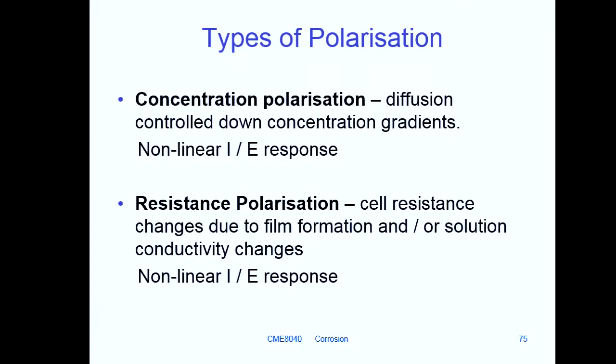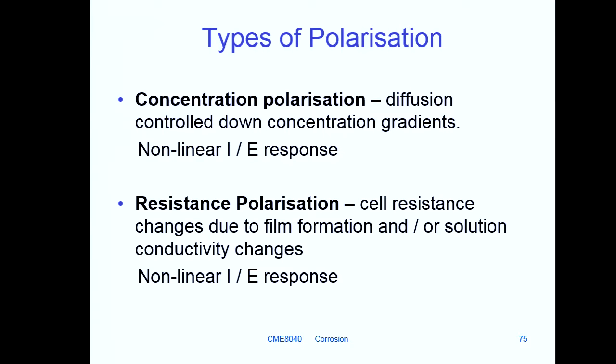initially, as you move from your equilibrium position, you'll get a linear response. I'll draw it the other way, actually. Get a linear response: you change the potential, you increase the current. That's fine. But eventually you get to a point where the current can't increase any further, even if you do increase the potential further.